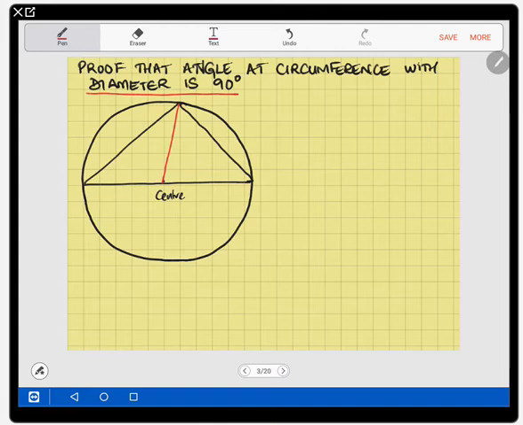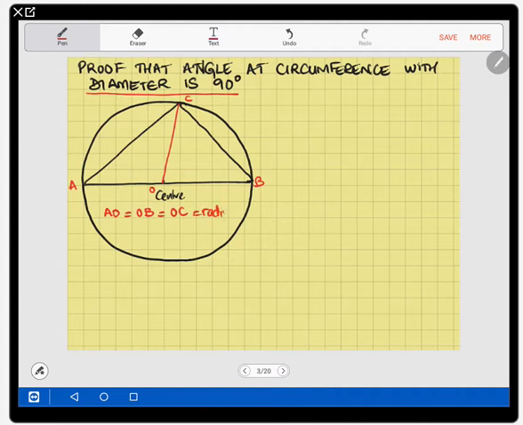What can you say about this line here, and this line here? Let me label it so we can understand. A, B, C, and this is O. I think AO is equal to OB, which is the radius, which is also equal to OC, right?